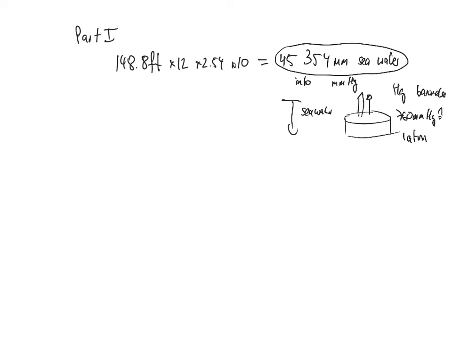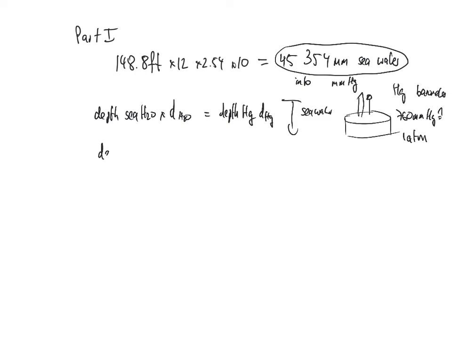Well, I know that the depth of seawater is related to the depth of Hg, and the things that help me relate this are the densities. So density of H2O and density of Hg.